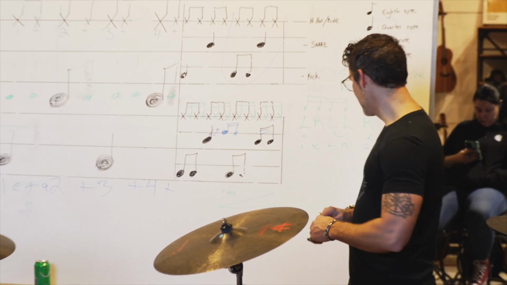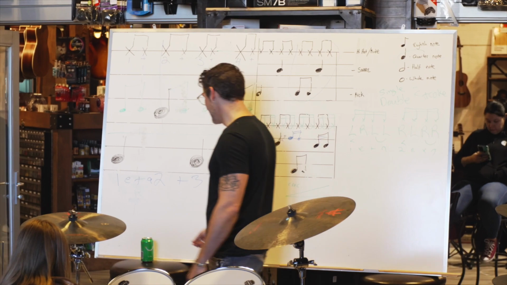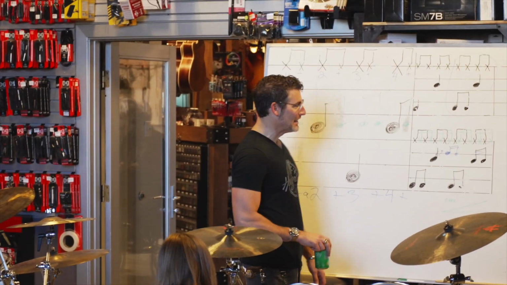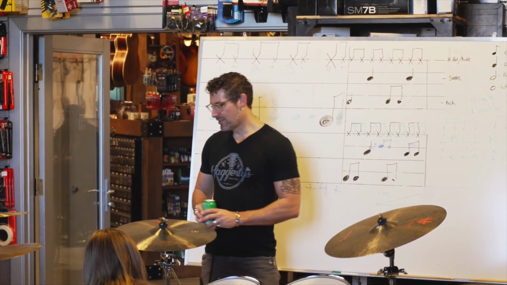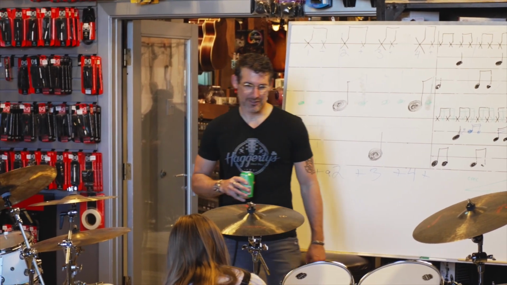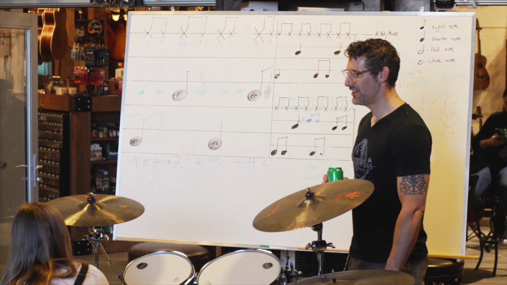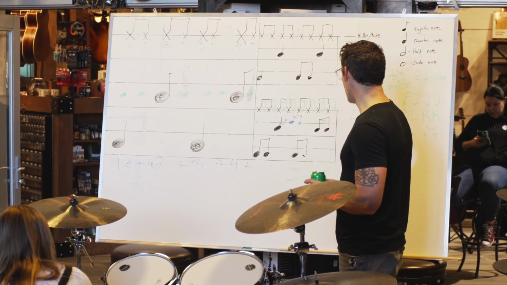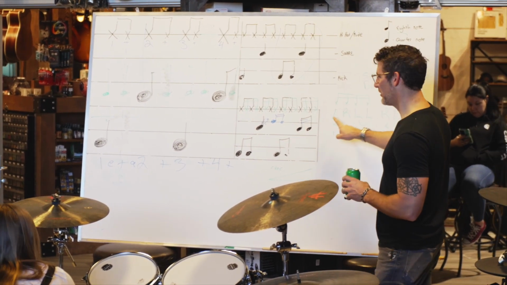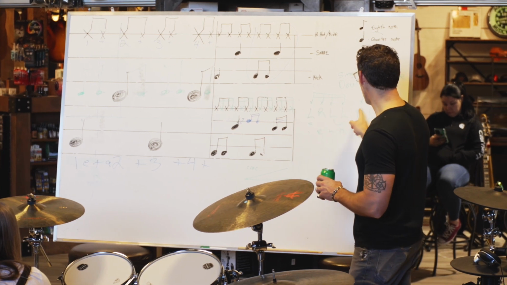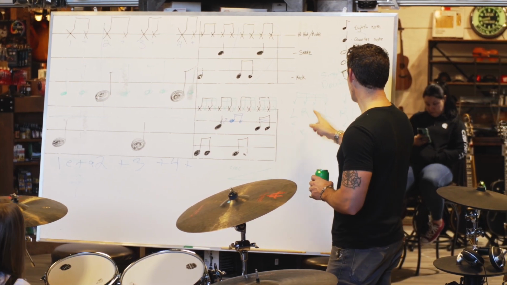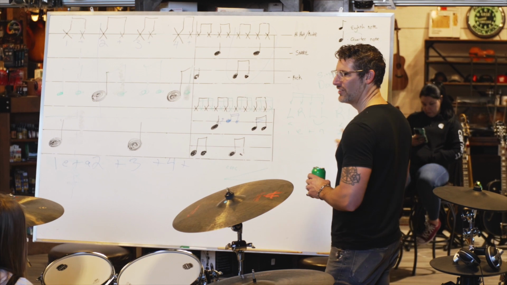You can make that as complicated as you want. It depends if you need that or not. This is called a paradiddle. A paradiddle sounds like it sounds. Paradiddle, paradiddle, paradiddle, paradiddle.